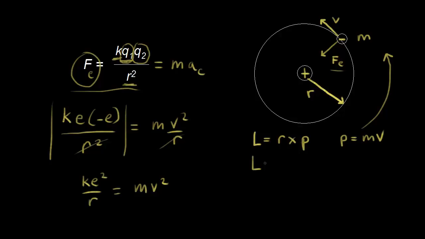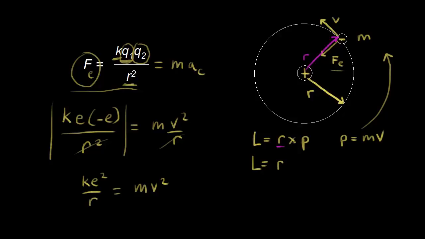Let's plug this in for angular momentum. We're going to take the angular momentum about the center of our circle. So r is a vector; let me draw r in. It's the distance from the center to where our electron is. So we have r right there. This is the r vector, so I put in r.